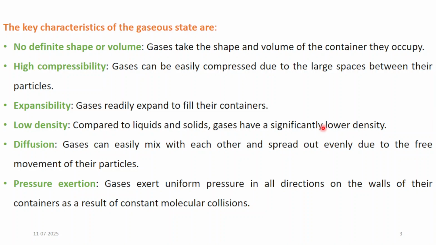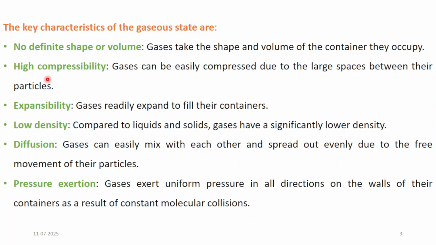So these are the key characteristics of the gaseous state. Gases do not have any particular volume. They take the volume of the container. They are highly compressible. That's how we can convert gas into liquid. For example, in your home, LPG gas. You bring an LPG cylinder. LPG, that is liquefied petroleum gas, is basically N-butane.